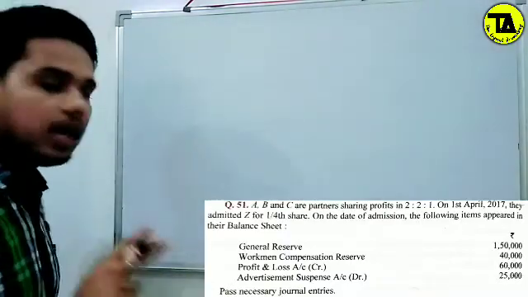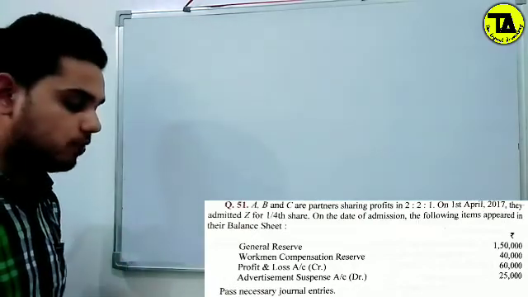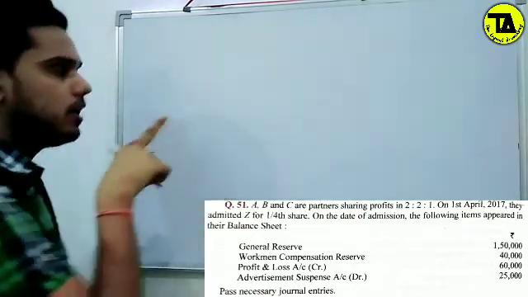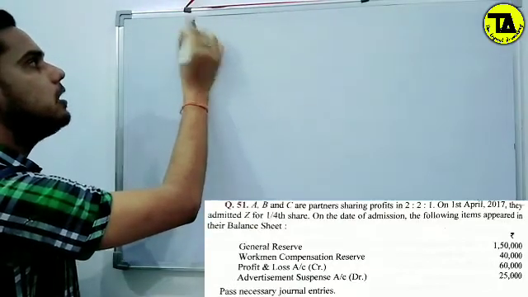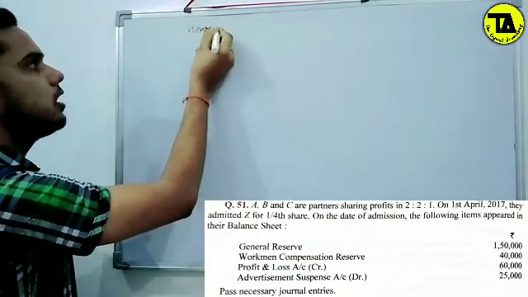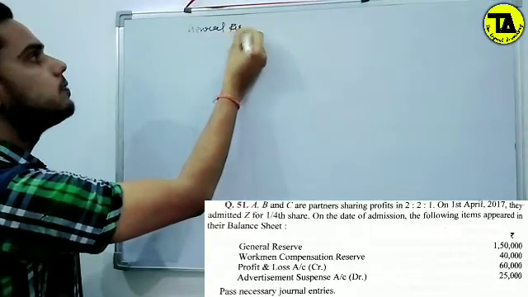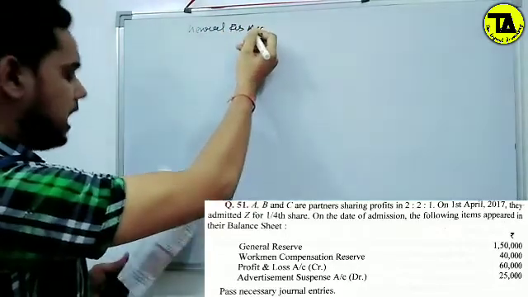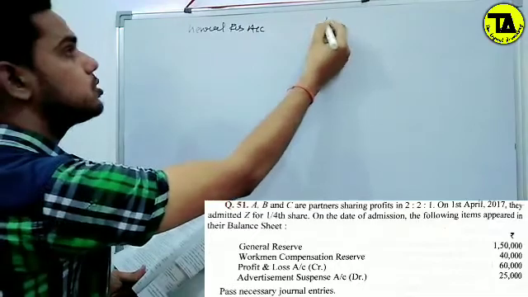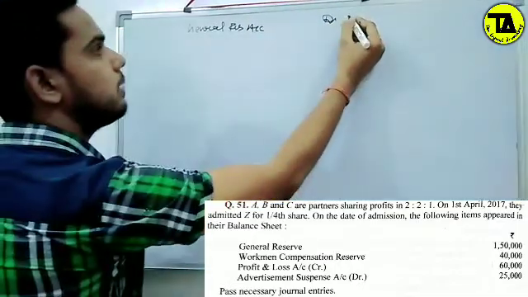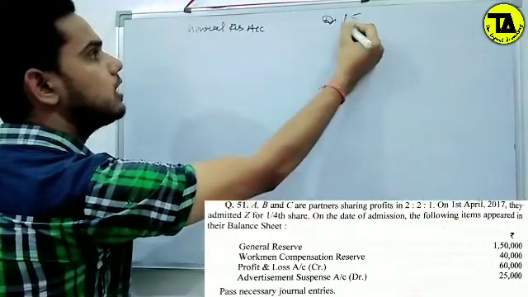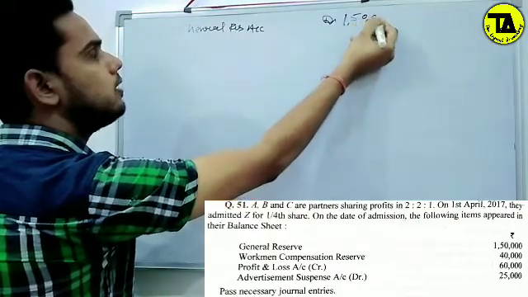So we have two accumulated profits. First one is general reserve. We have just understood the journal entry part. We will debit general reserve account, and that is given in the question as 1,50,000.